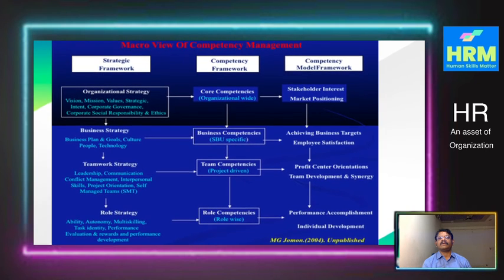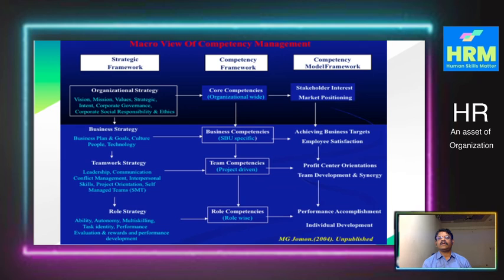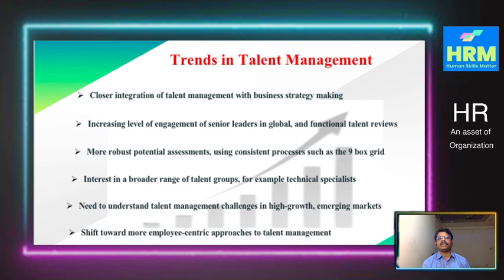With that, let me look at the last slide, the trends in talent management. The trends include closer integration of talent management with business strategy making. Talent management and business strategy are now closely aligned to each other, with increasing engagement of senior leaders in global and functional talent reviews. Senior people are now involved in looking at the review of the talent available in the organizations.